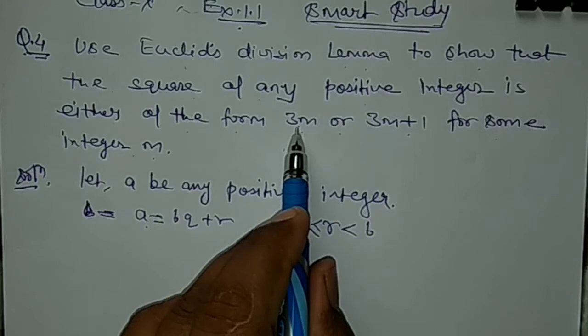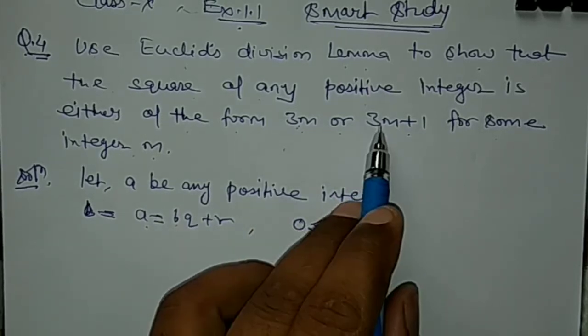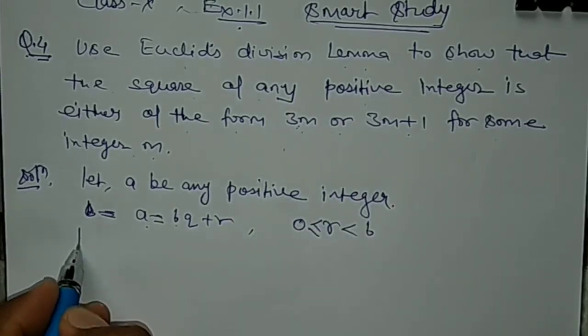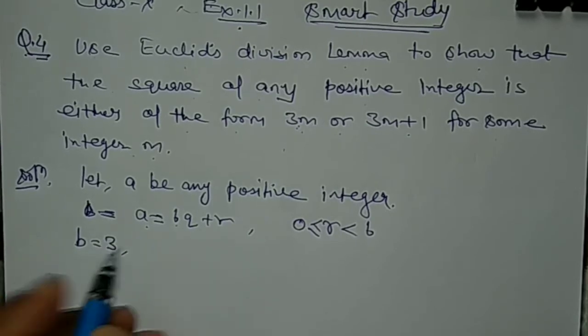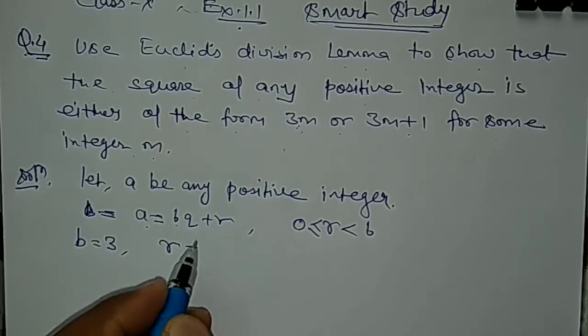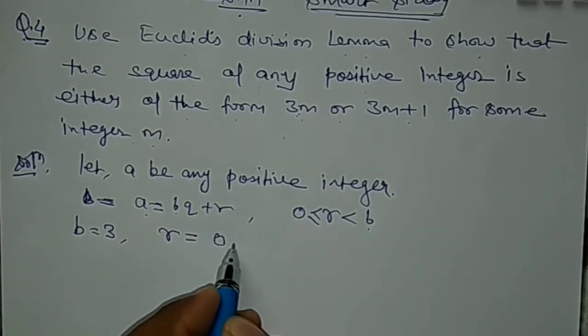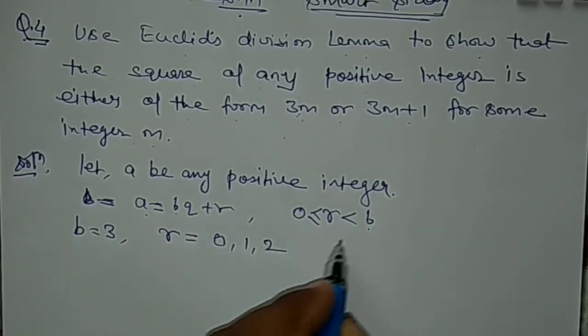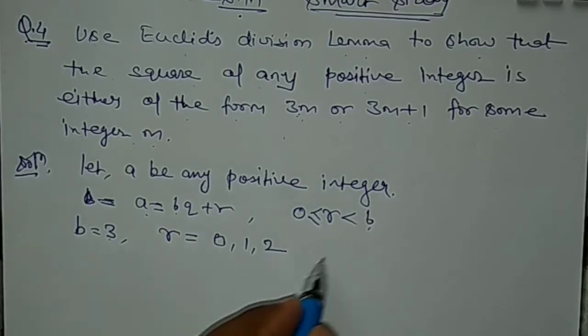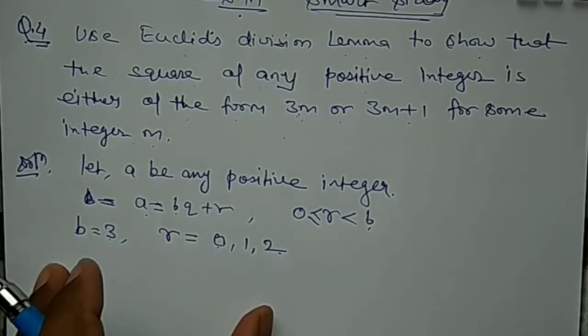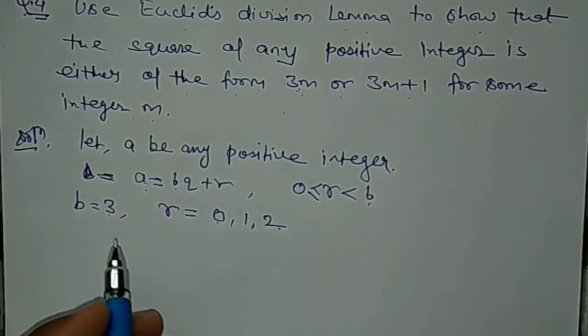So this is 3, so b is 3. Here on comparing we got that b equals 3, and r is how much? R should be less than 3. So it may be 0, may be 1, may be 2, but not 3, because it is less than 3. It should be less than b only.